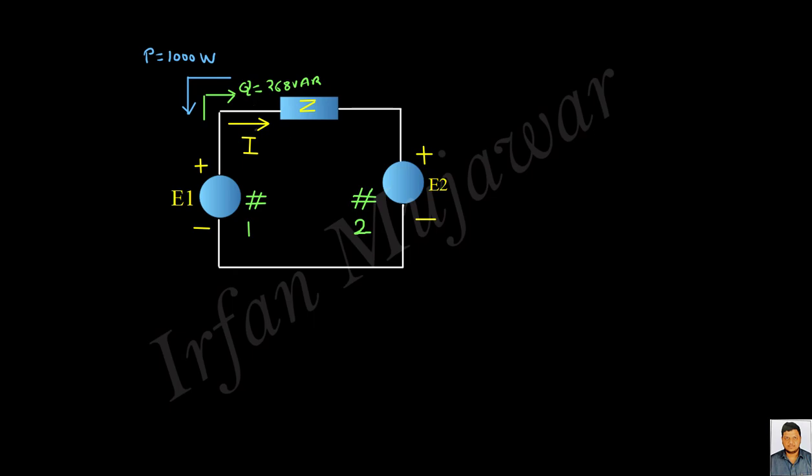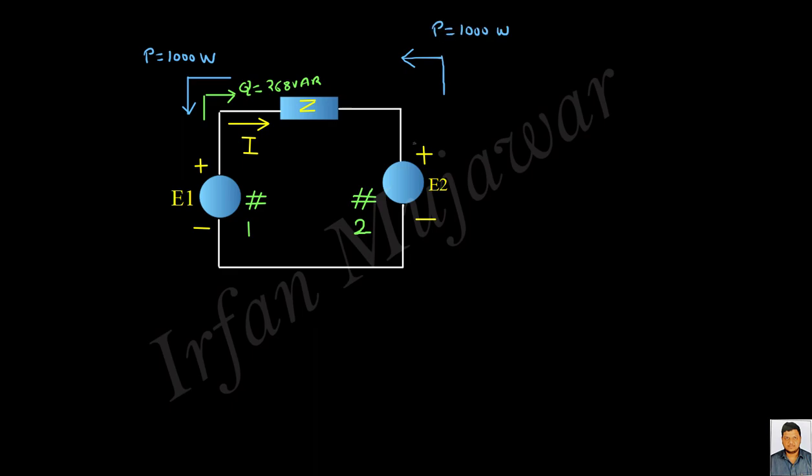What about machine 2? Whatever 1000 watt is taken by machine 1 is supplied by machine 2, because there is no resistive component in the impedance. So the entire active power will be flowing from machine 2 to machine 1. So it is supplying an active power of 1000 watt.